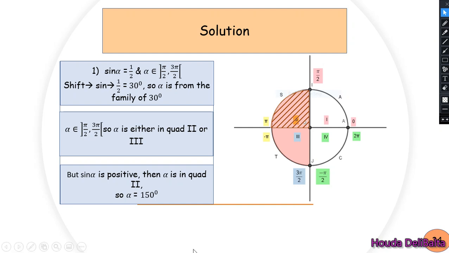Then I ask, what is the member of the family of 30 that is in quadrant 2? It is 150, and 150 belongs to the interval 90 and 270. It is in this interval, and this is how to determine alpha related to a remarkable angle.